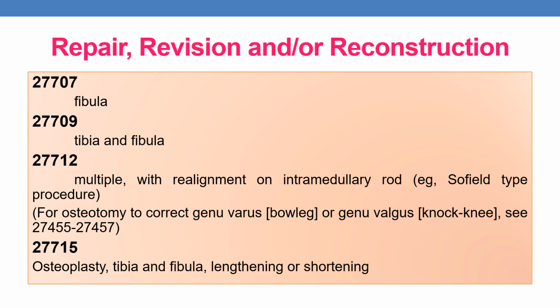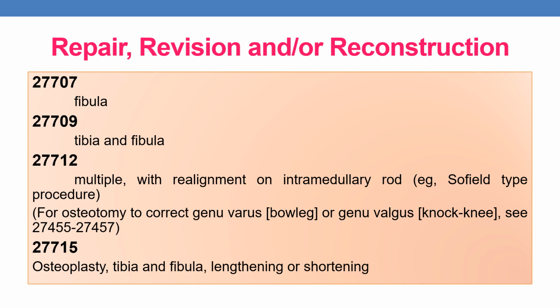And for osteotomy fibula, the CPT is 27707. And for osteotomy tibia and fibula, the CPT is 27709. And osteotomy multiple with realignment on intramedullary rod, for example Sofield type procedure, the CPT is 27712.